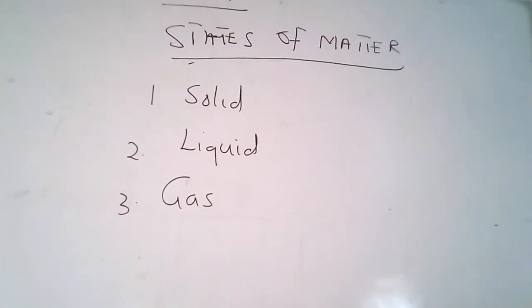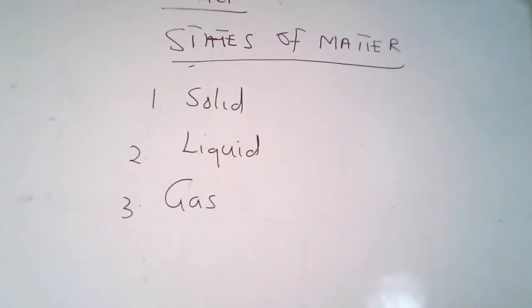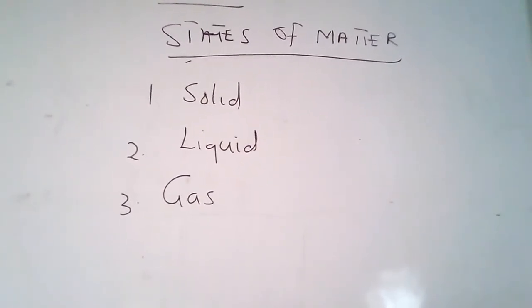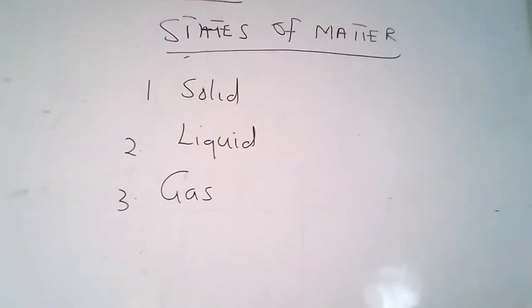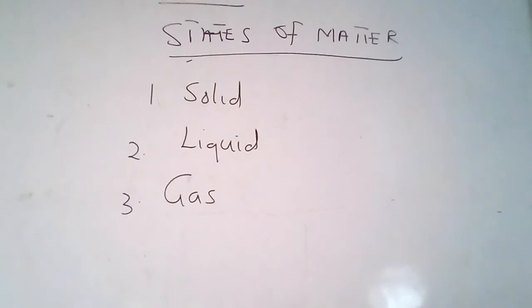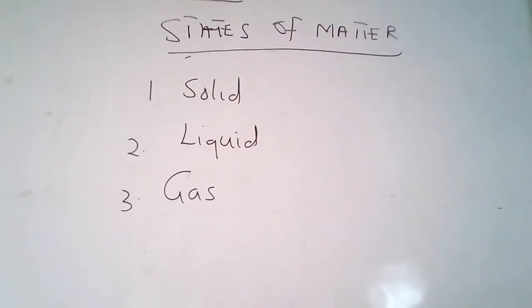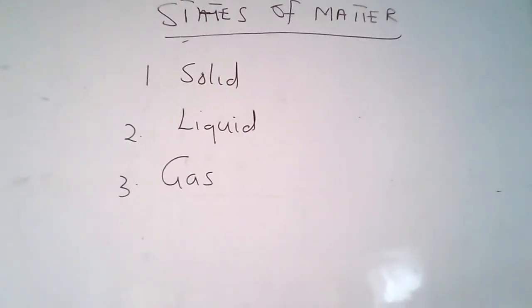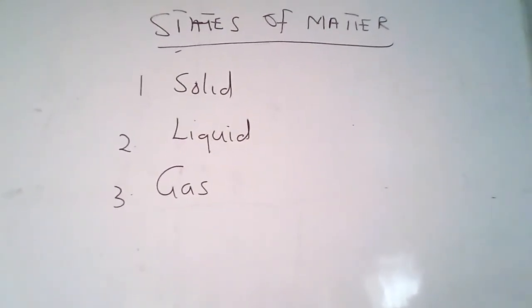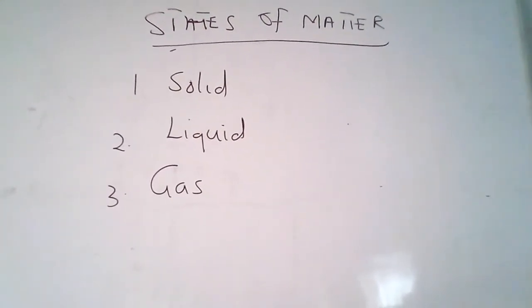So each state of matter has its own physical characteristics. So the states of matter arise due to the differences in the characteristics of the particles of matter. So let us study the characteristics of the 3 states of matter in detail. So we come to study the characteristics of solid, characteristics of liquid, and characteristics of gas.